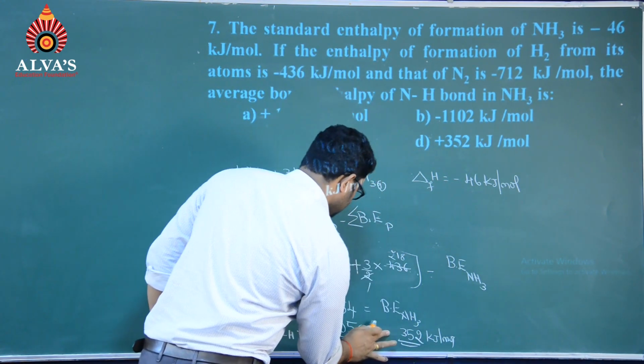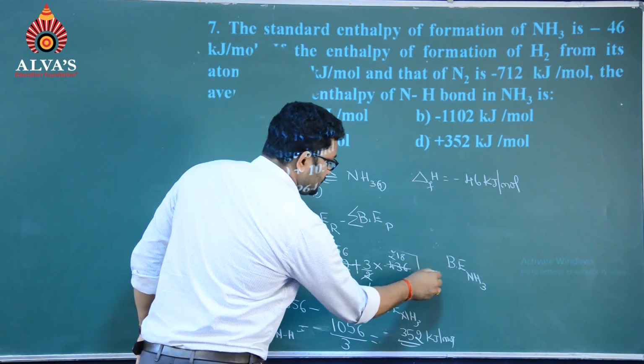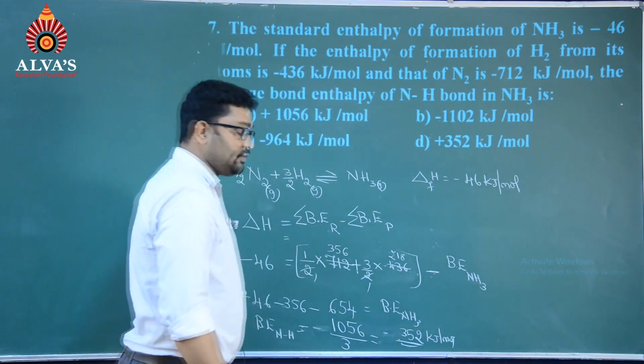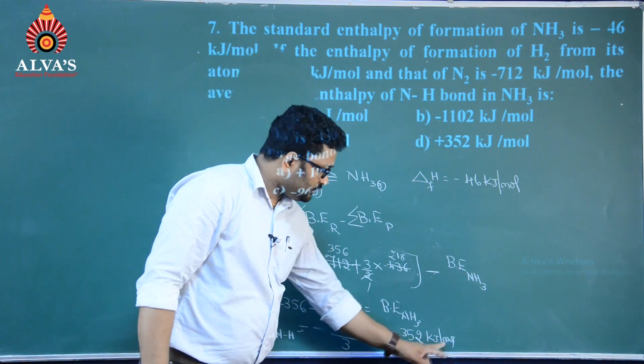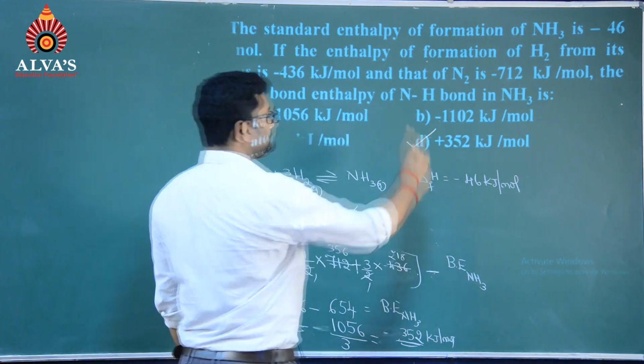No need to take this minus because we have minus minus, the minuses cancel, finally we have 352 because bond enthalpy is a positive value, 352 kilojoule per mole. Therefore the option for the question is D.